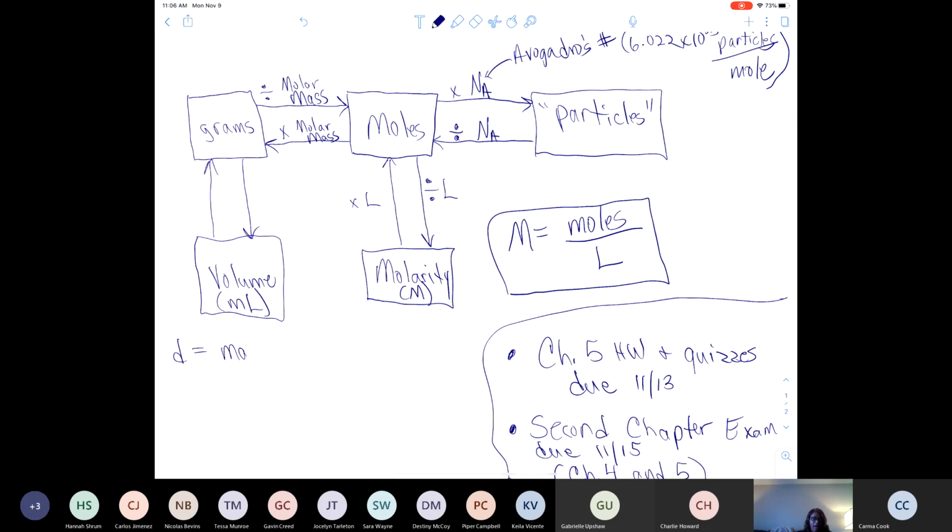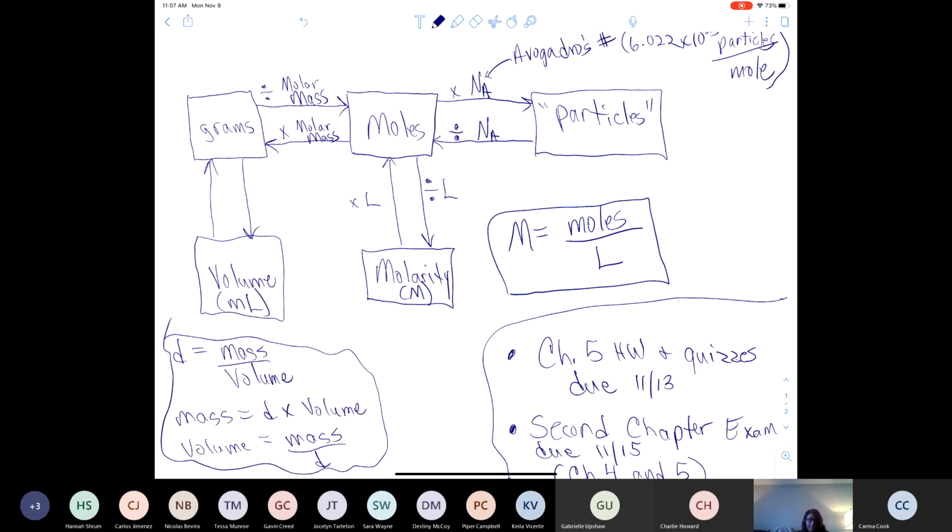your mass divided by your volume. So therefore, mass will be equal to the density times volume. And then again, volume will therefore be mass divided by density. And so with those relationships, then you can take mass and convert into volume by dividing by density.